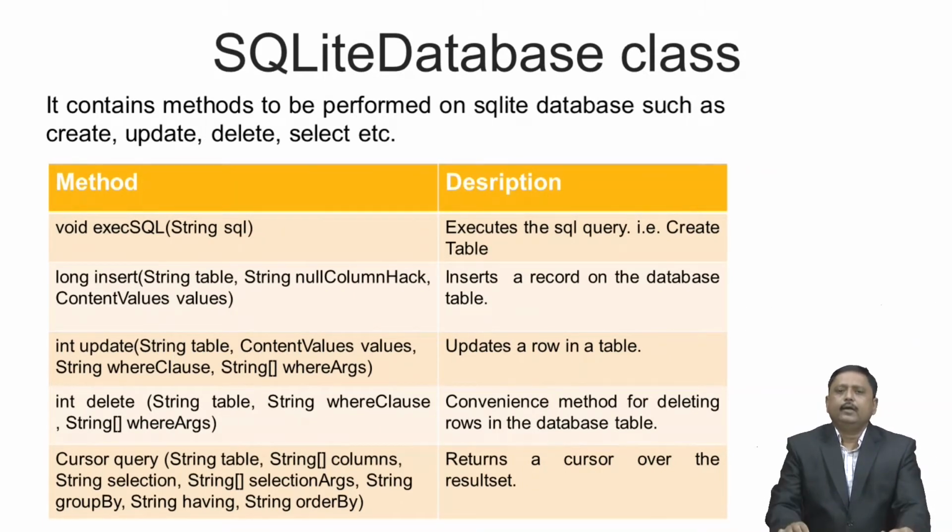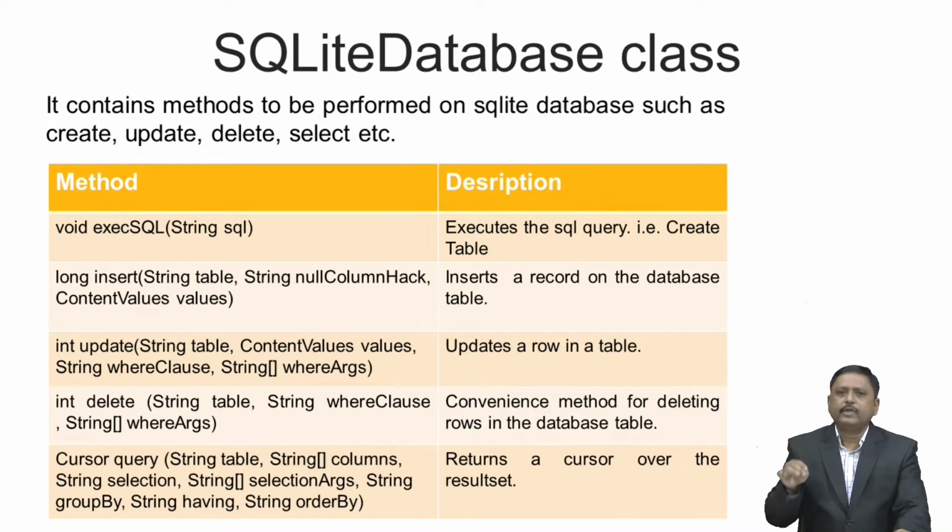Another type of method is called update, which takes the string table name, then values to be updated inside ContentValues, and there is a where clause. For example, if I want to update all records, then there is no need for a where clause. You can specify null.